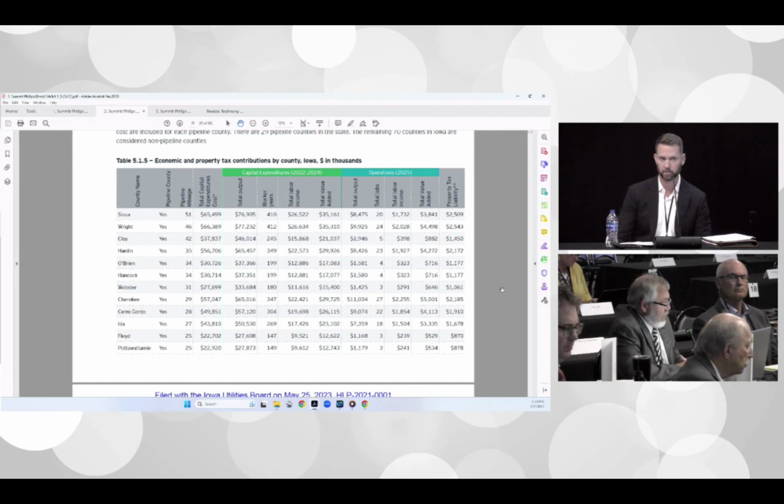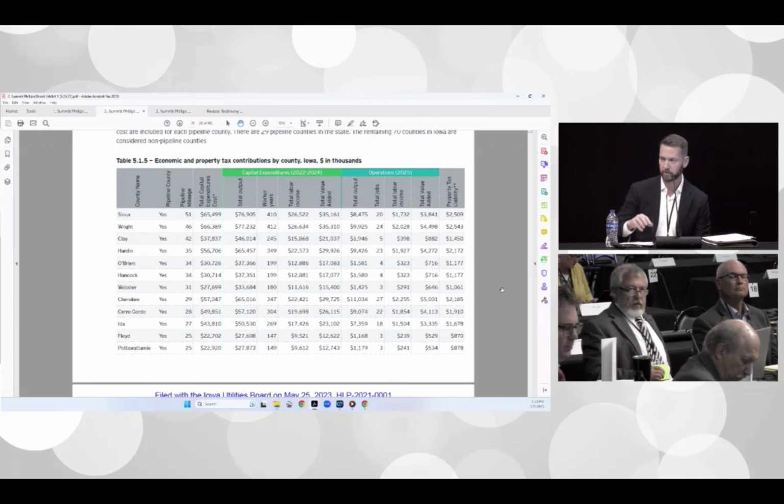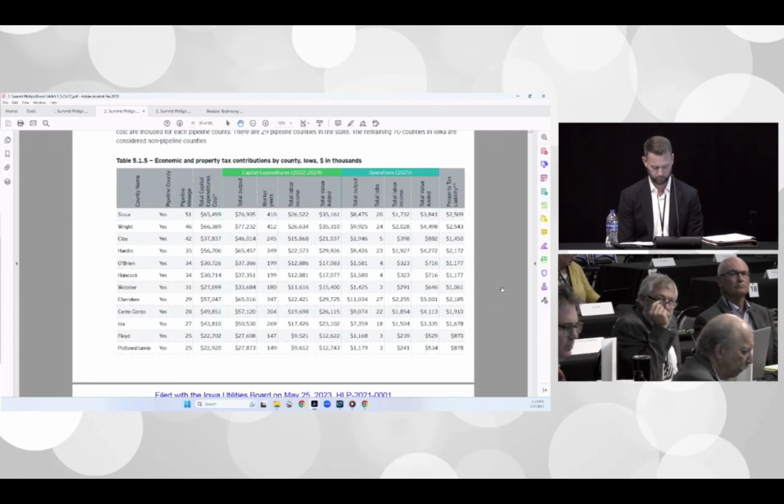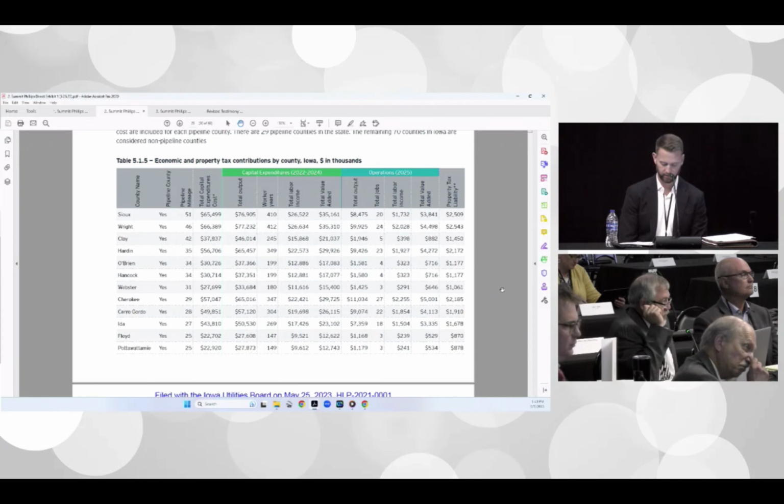It starts with a state level total and is allocated based on the presence of a facility or pipeline mileage in proportion to pipeline mileage. So even though table 5.1.5 talks about property tax liability for 2025, what year would that be now if you had to update this table? 2027, I believe. So let's assume it's 2027.